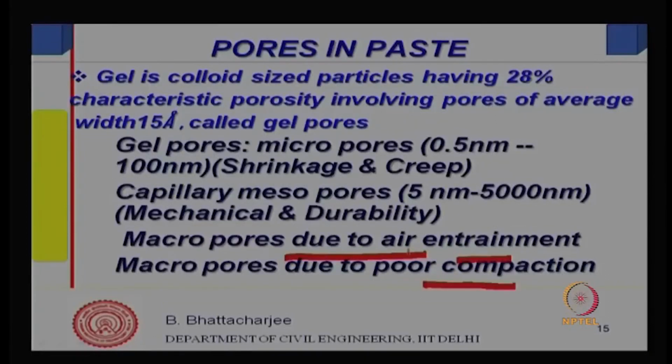if you recall the hydration process that we looked into, we said that there is inner product of hydration which is within the original grain boundary. We have outer product, because hydration product occupies more volume than the original cement.